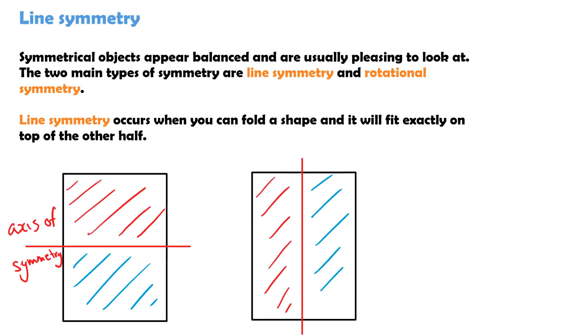The red would fit perfectly on the blue there, and this would be my axis of symmetry. Alright, so this shape has two axes of symmetry.